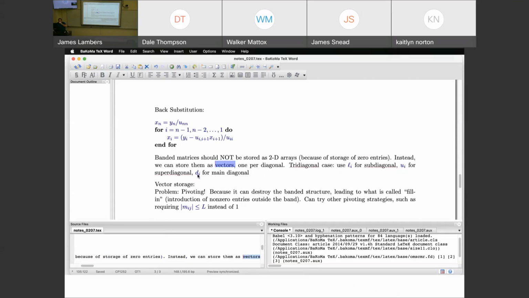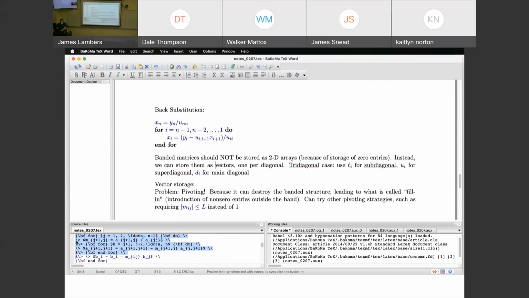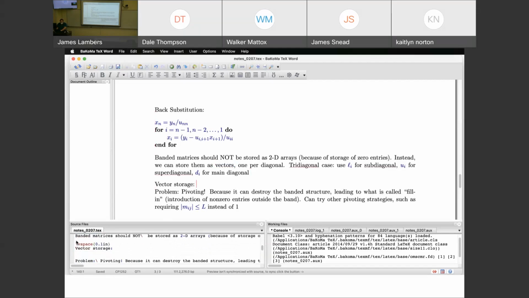So I'm going to take these three algorithms that still work with two-dimensional arrays for matrices and modify them to use vector storage. I'm going to make a copy of all three and put them down here.